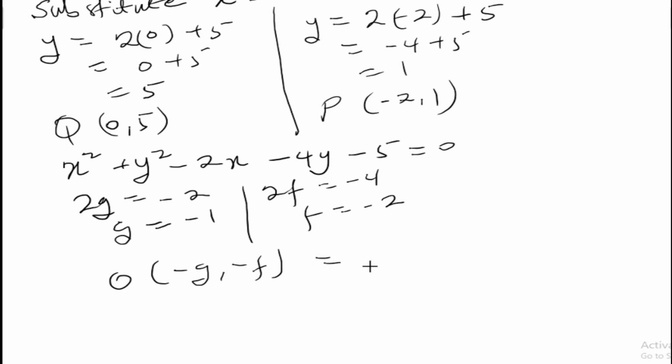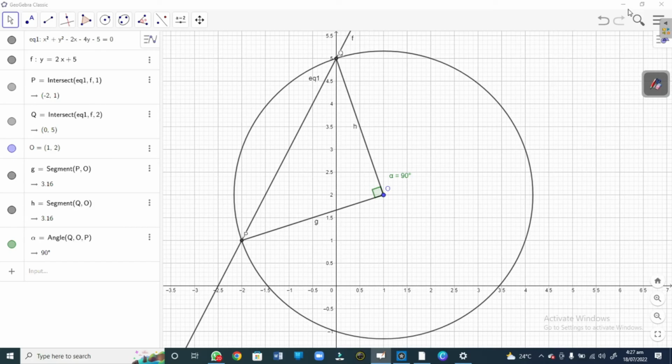So that is going to give us (1, 2), which agrees with what we have in the GeoGebra here. The center of our circle O has coordinates (1, 2). I just want to be comparing the two as we move on. We go back to our calculation.